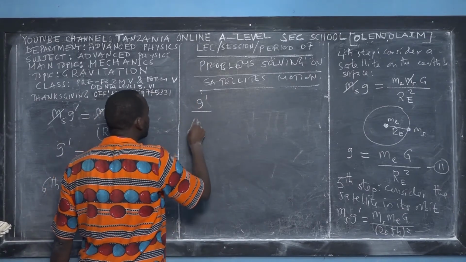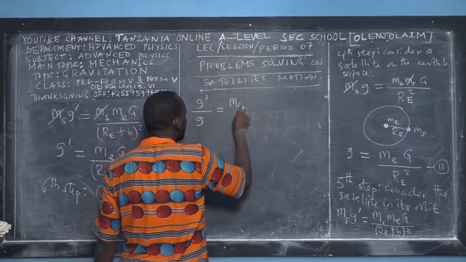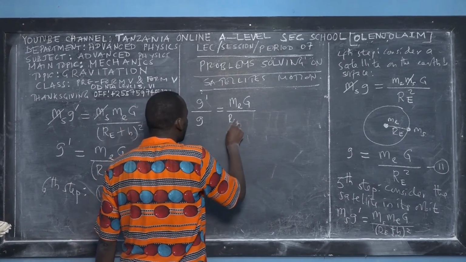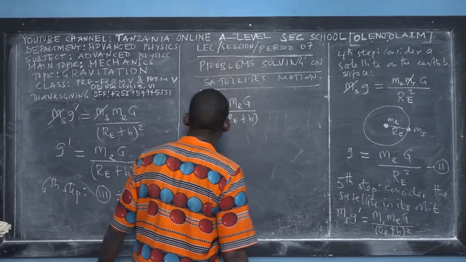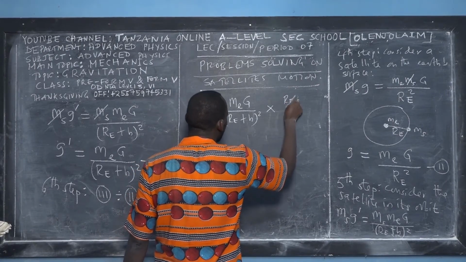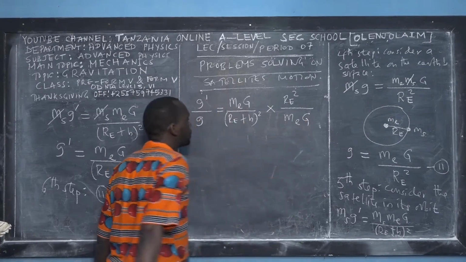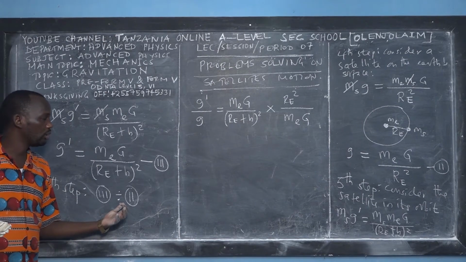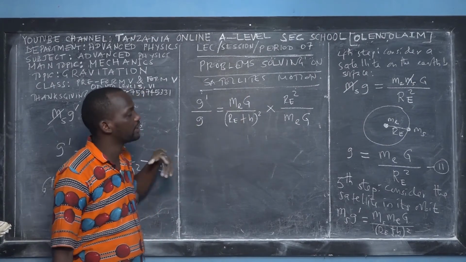So you say g dash over g is equal to what? This is equal to the mass of the Earth times the universal gravitational constant, divided by the radius of the Earth plus the height h, squared. Then we multiply by the radius of the Earth squared divided by the mass of the Earth times G, because you have to know that the basic operation of division is replaced by multiplication and changing the positions of numerator and denominator.